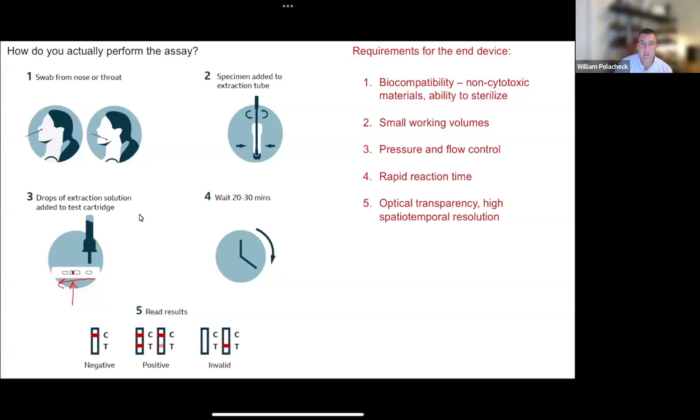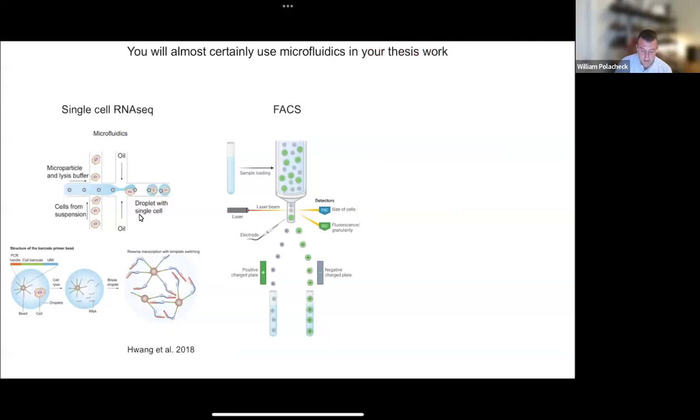So if we take all of these as requirements for the functioning of this device, we can see why this kind of microfluidic approach might be taken, because it satisfies these 5 key components, but also we can use these principles to discuss why microfluidics might be helpful in mechanobiology.